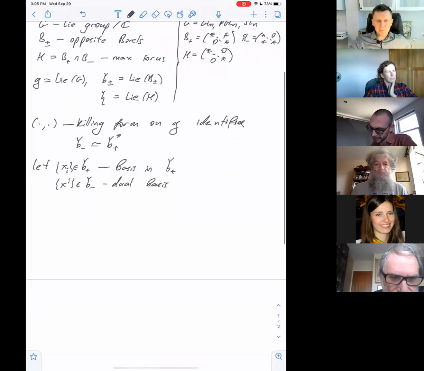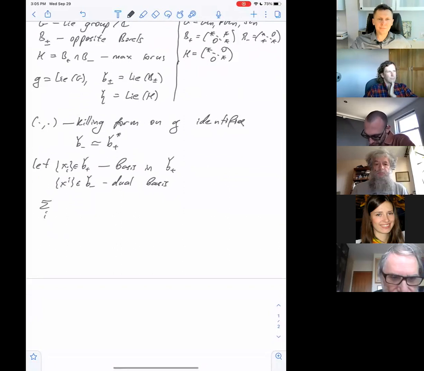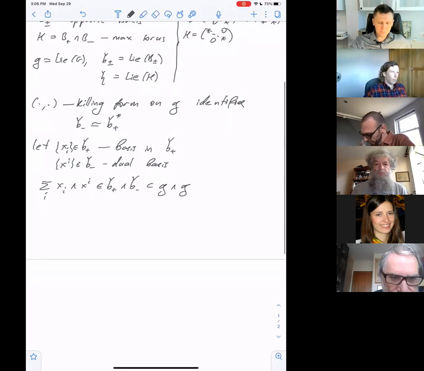And then we can consider this element, sum over all i of xi wedge xi dual. So it's an element inside B plus wedge B minus. Or of course we can think of it as an element in 𝔤 wedge 𝔤, and this is what is called the standard R matrix, right? So I'll call it R. This is the standard R matrix.